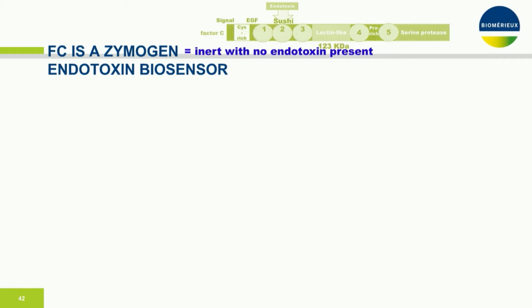So RFC is what they call a zymogen, so it exists in the horseshoe crab hemolymph as a very large protein, 123,000 Daltons. You might compare that to human insulin, which is 5,800 Daltons. If there's no endotoxin present, then this is what the protein looks like. It's got a lot of different domains.